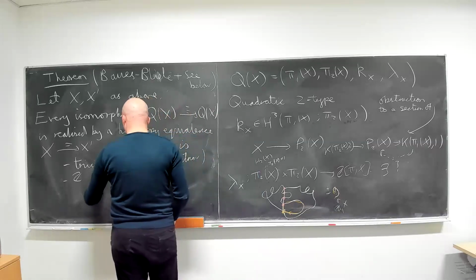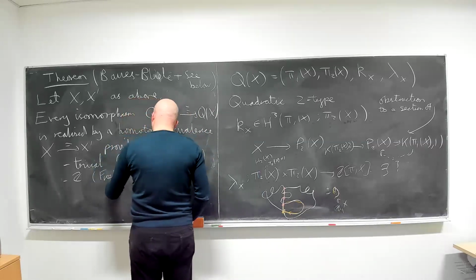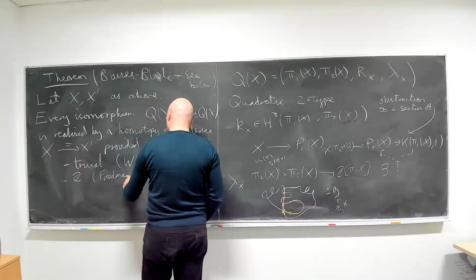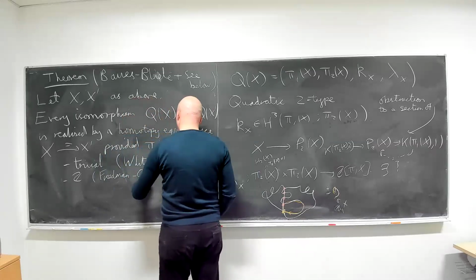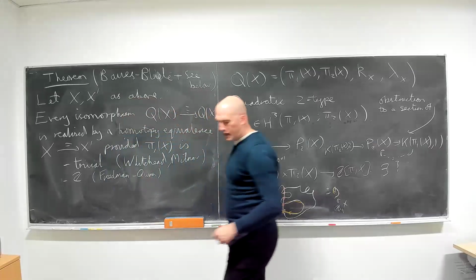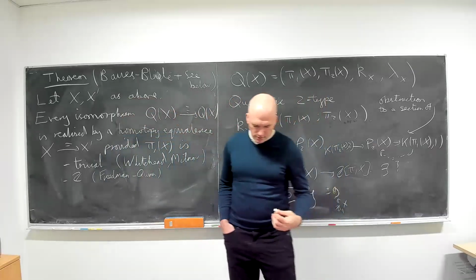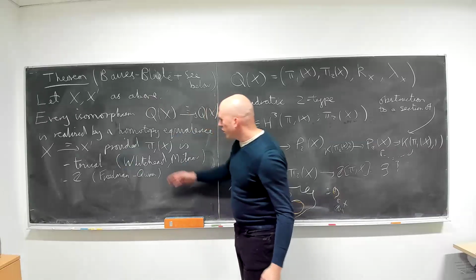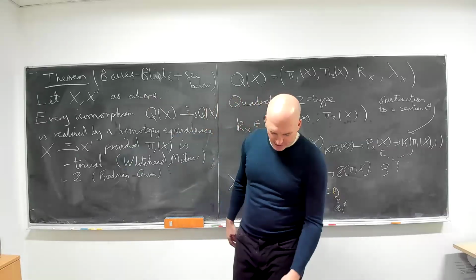Then Z, I believe, I mean, it certainly follows from Freedman and Quinn. I'm not sure if this was done earlier by someone else, but they did the homomorphism classification from which the homotopy classification follows.